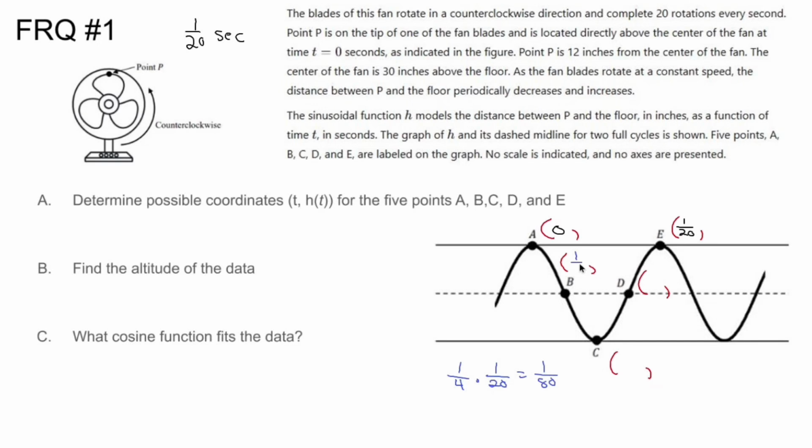C is halfway in between, so C is 1/2 of 1/20th of a second, which is 1/40th of a second. Last but not least, D is 3/4 of its way to E, so 3/4 of 1/20th of a second is 3/80ths of a second.